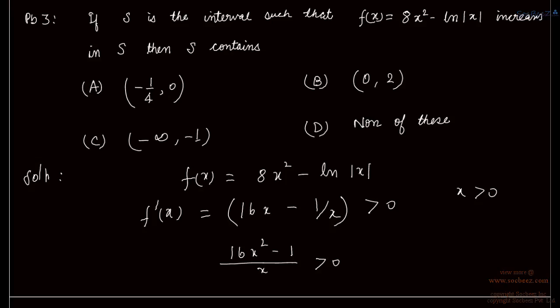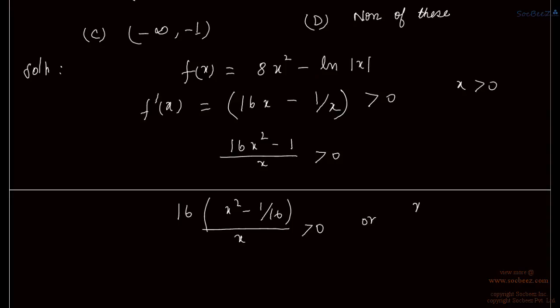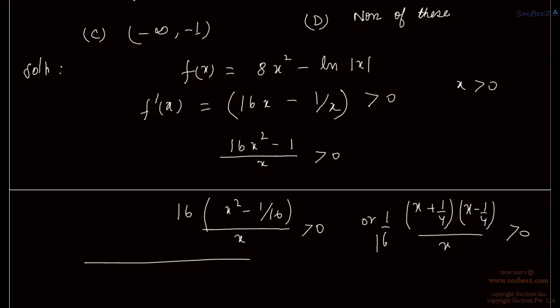So from here we take common 16, we have x square minus 1 by 16 upon x must be greater than 0, or we can write it as x plus 1 by 4 into x minus 1 by 4 upon x is greater than 0. So 0, 1 by 4 and here minus 1 by 4.